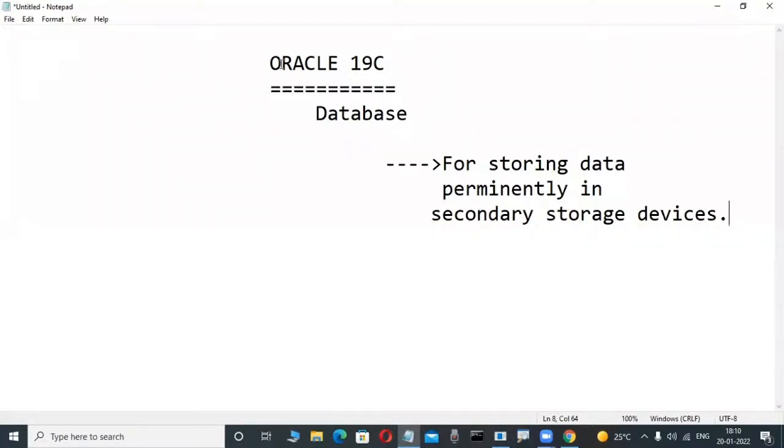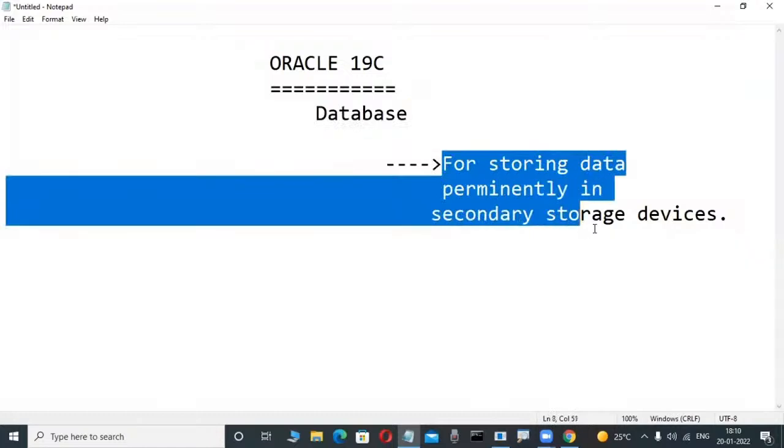That's why Oracle is a product from Oracle Corporation, with some version numbers. This is a database product, one of the popular databases. But what is the purpose of that? For storing data permanently in secondary storage devices.